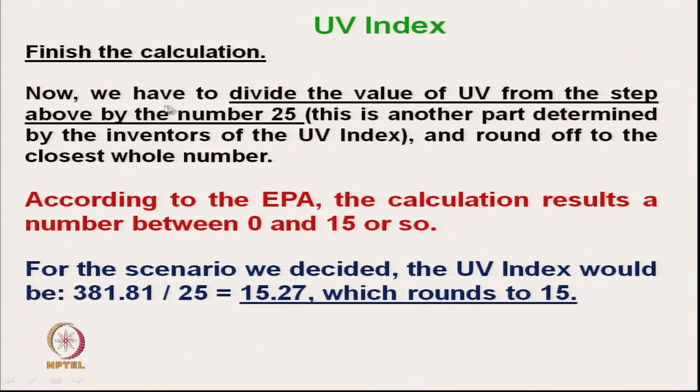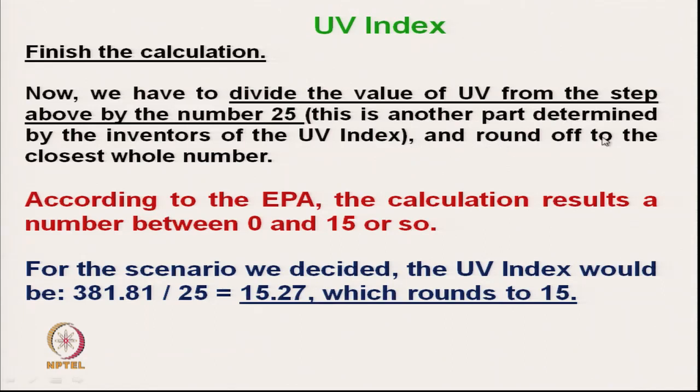And now we have to divide the value of UV from the step earlier by 25. So, the total value which we are getting, we have to divide by 25, or earlier I have mentioned multiply by 0.04.